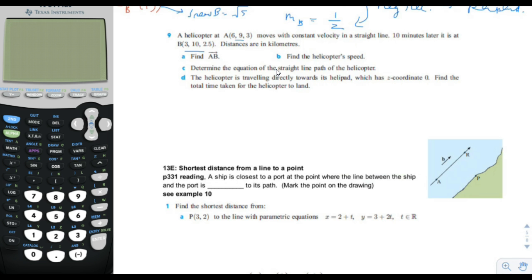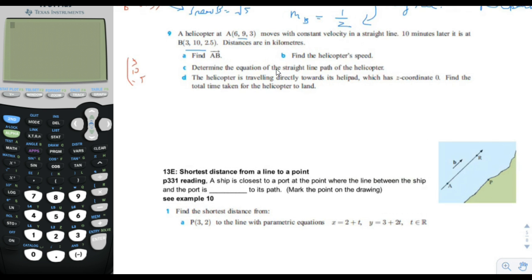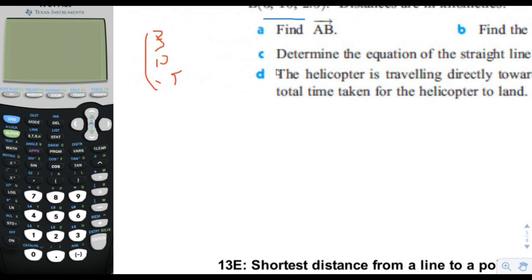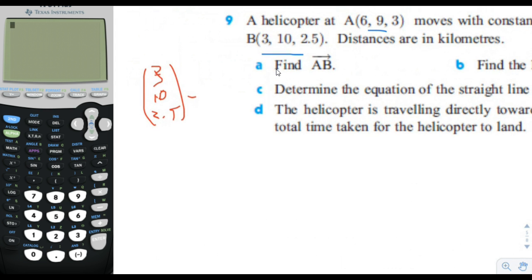So to find vector AB, we take vector B, which is (3, 10, 2.5), and we subtract vector A, which is (6, 9, 3). And we get left with (negative 3, 1, negative 0.5). So this is vector AB.